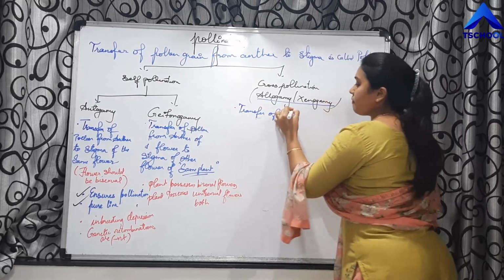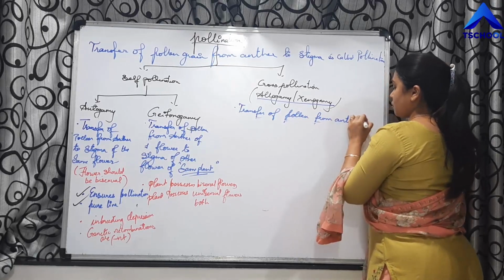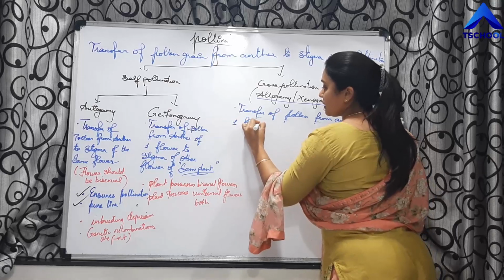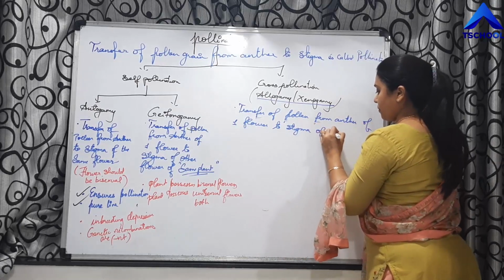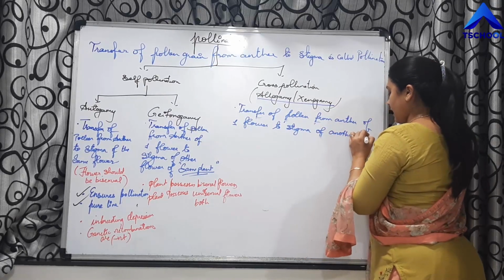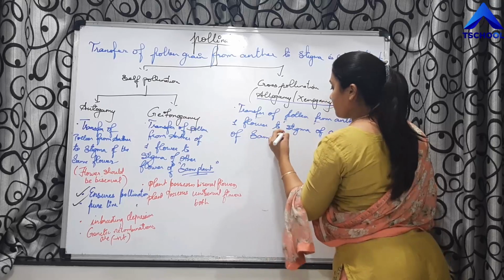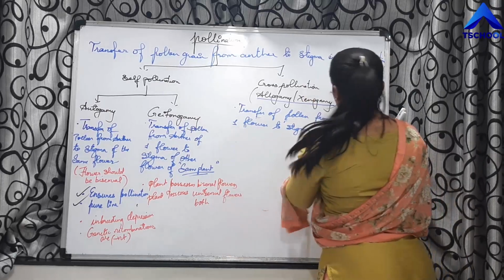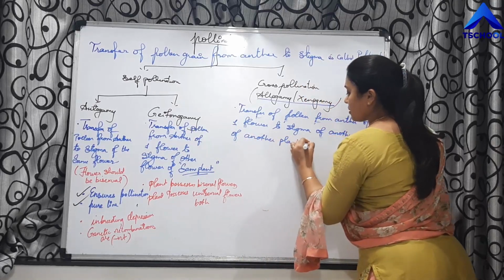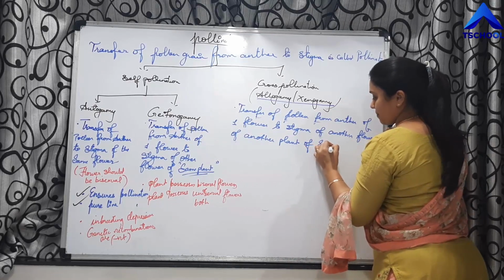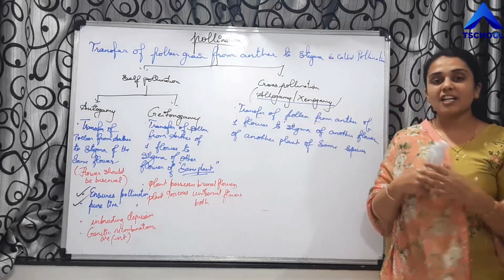Transfer of pollen from anther of one flower to stigma of another flower of another plant, but that plant should be of the same species, right? So transfer of the pollen grain.